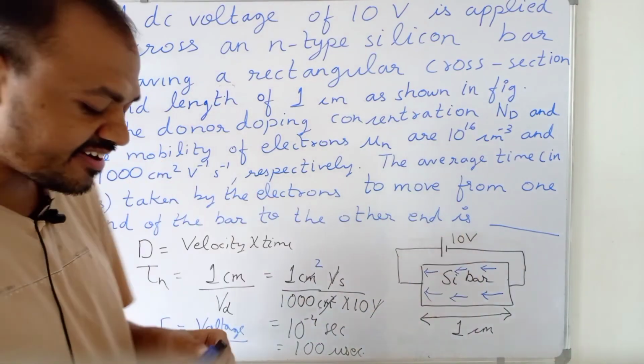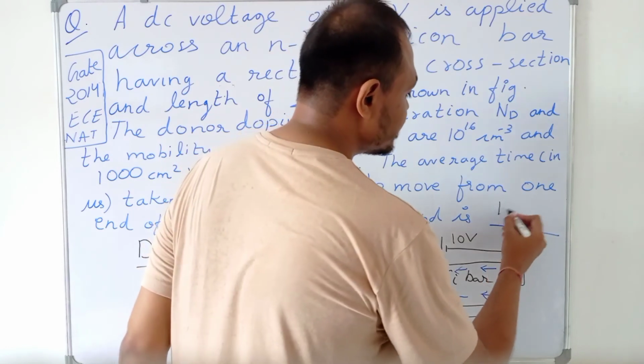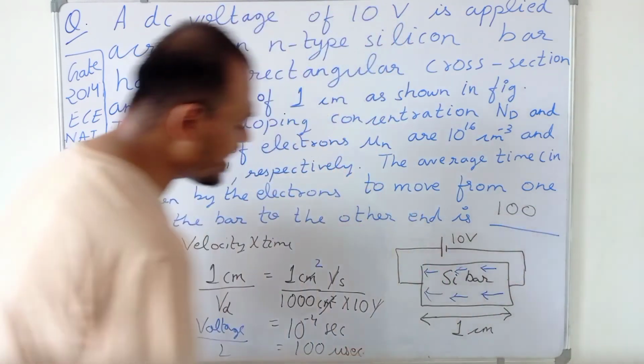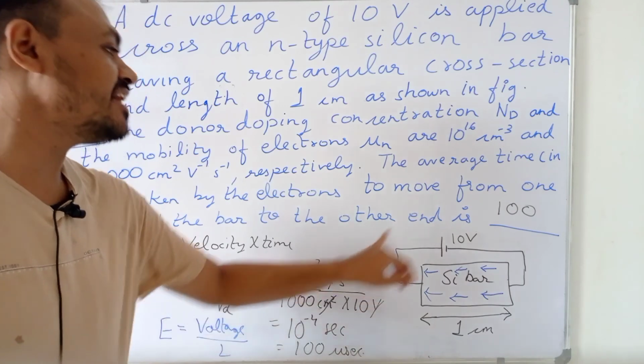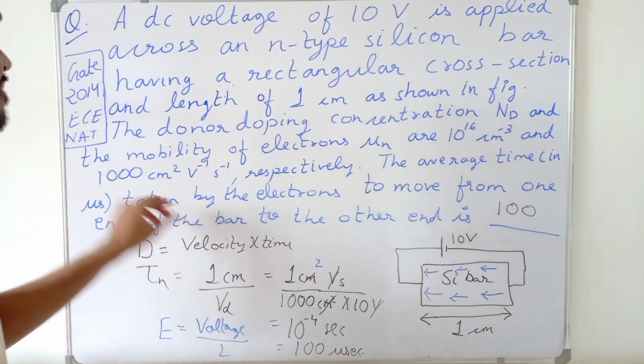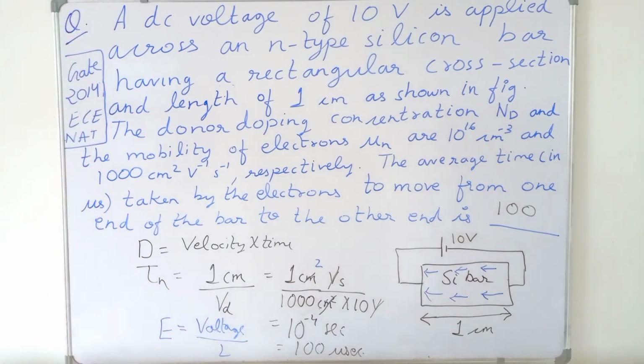So we have to write 100 here, because the answer is 100 microsecond. So you must take care of the units, because here you are getting the answer in second, and we have to find average time in microseconds. So 10 to the power minus 4 second will be equal to 100 microsecond.